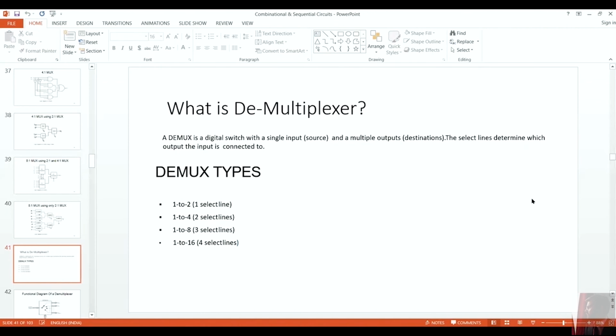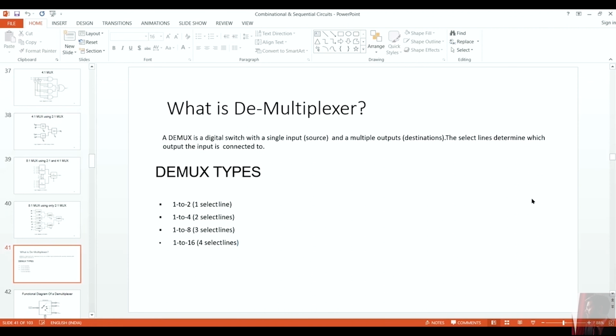When we're talking about the demultiplexer, it is totally opposite to the multiplexer. In a multiplexer, we have multiple inputs and the output is 1. In the case of a demultiplexer, your input would be 1, but outputs can be many. Again, the relationship is the same, 2 raised to power n.